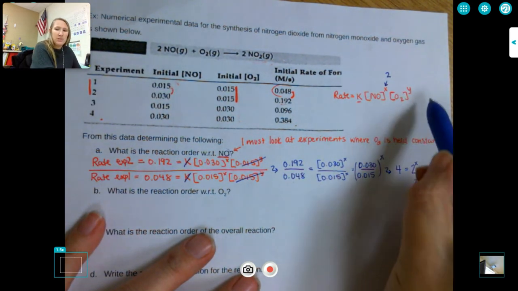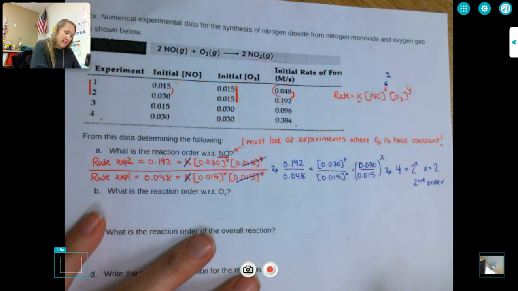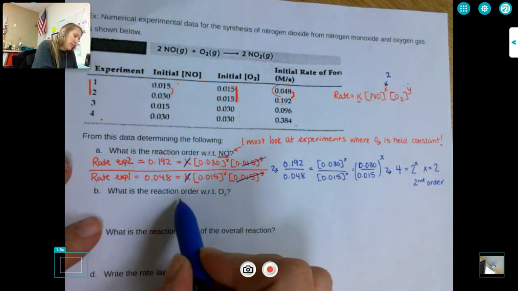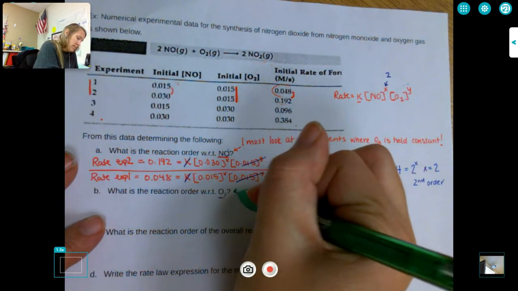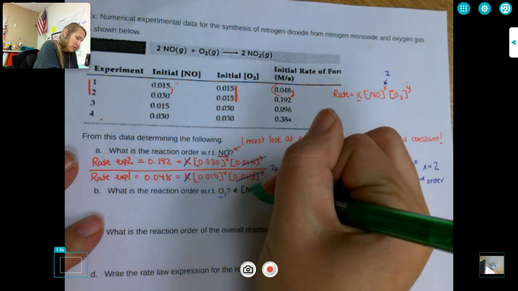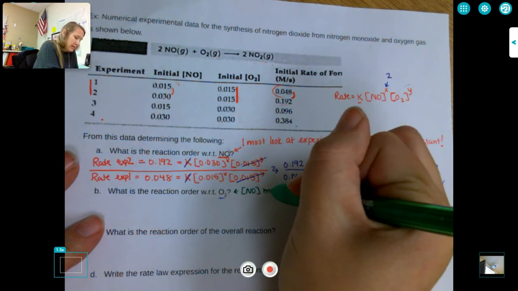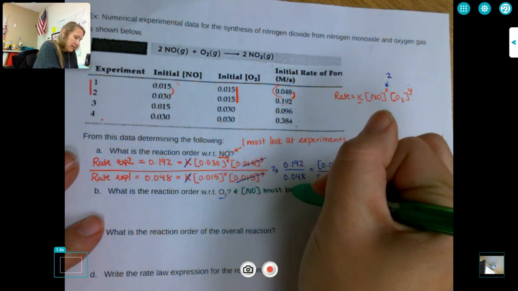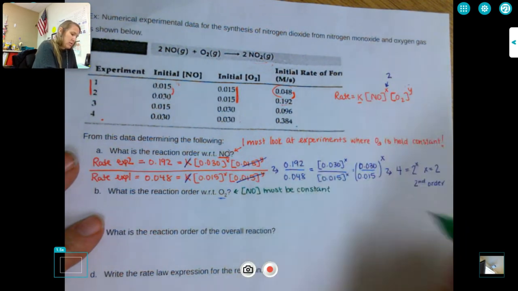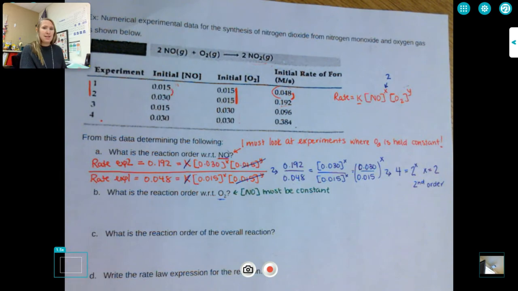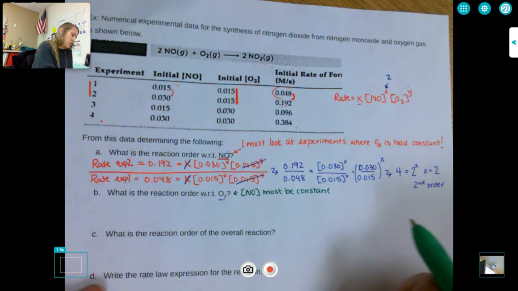Okay. Now I need to figure out, well, what's Y? So what's my reaction order with respect to oxygen? Well, if I'm looking at oxygen, that means that my concentration of nitrogen monoxide must be constant. So what experiments have a constant concentration of nitrogen monoxide?